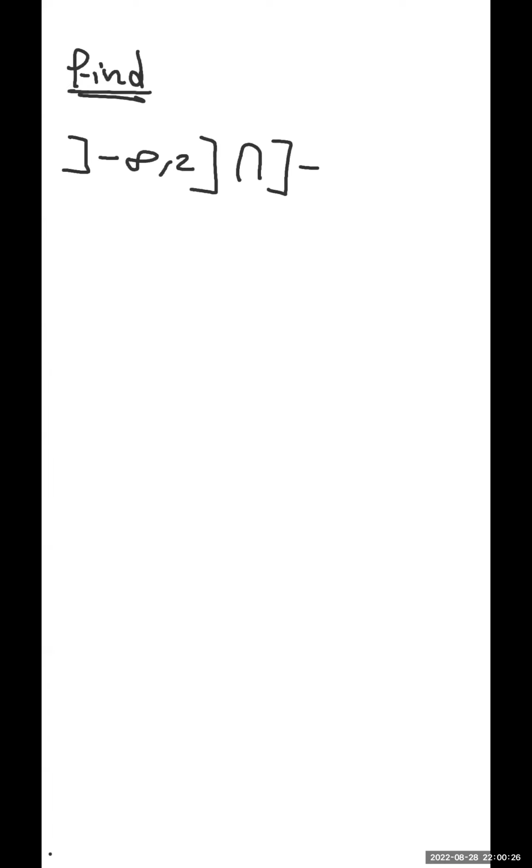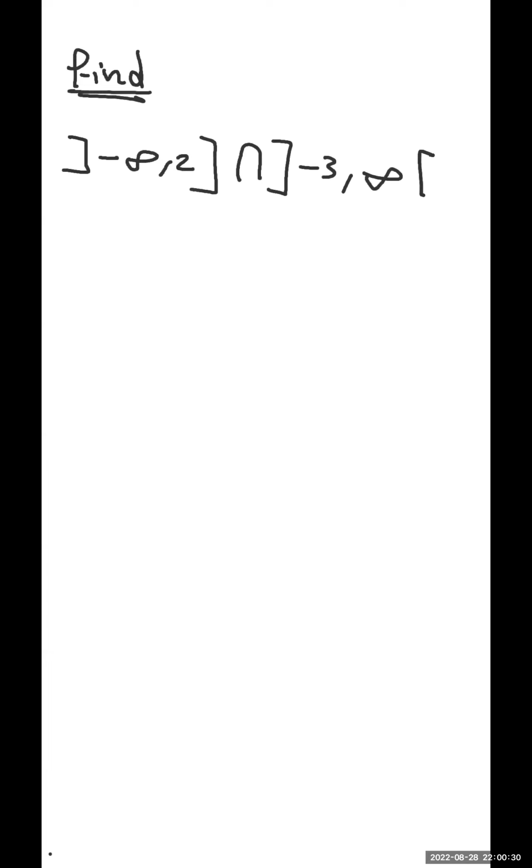Okay, the next question. Find -infinity and 2 intersection -3 and positive infinity.